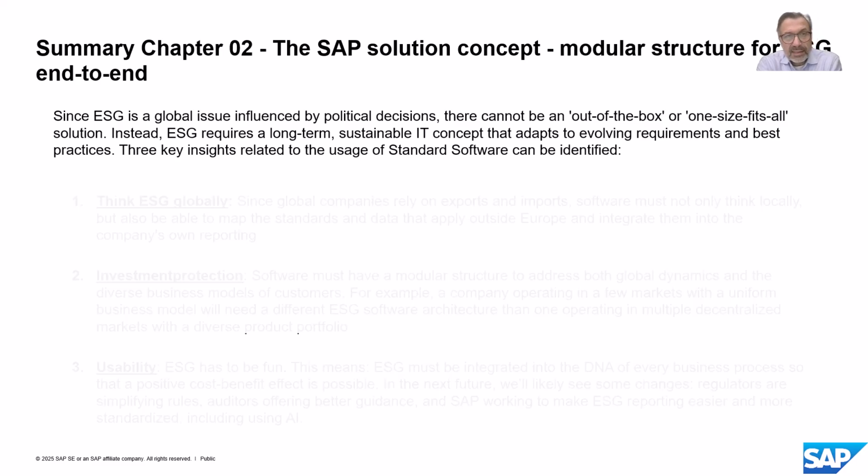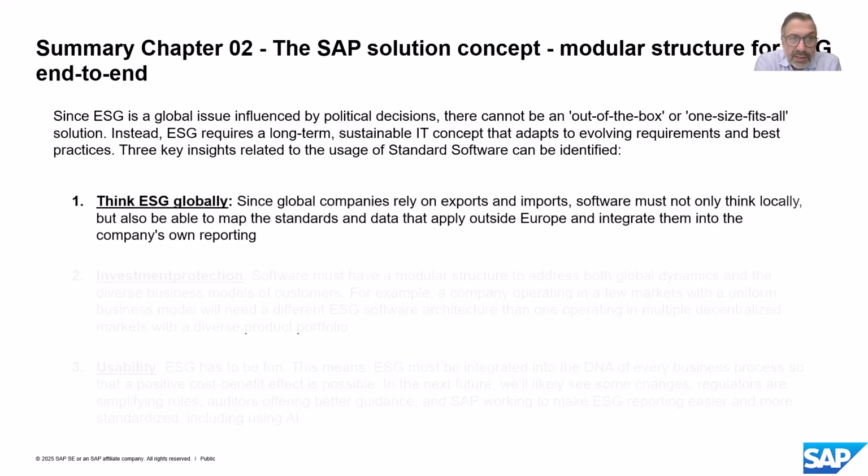Again, three key insights related to the usage of standard software can be identified. First, think ESG globally. We as SAP must think ESG globally. You as a customer should do the same, if you are acting outside of Germany, outside of Europe. Since global companies rely on exports and imports, I'm pretty sure that all of you also have to consider ESG regulation that is relevant outside of Europe.